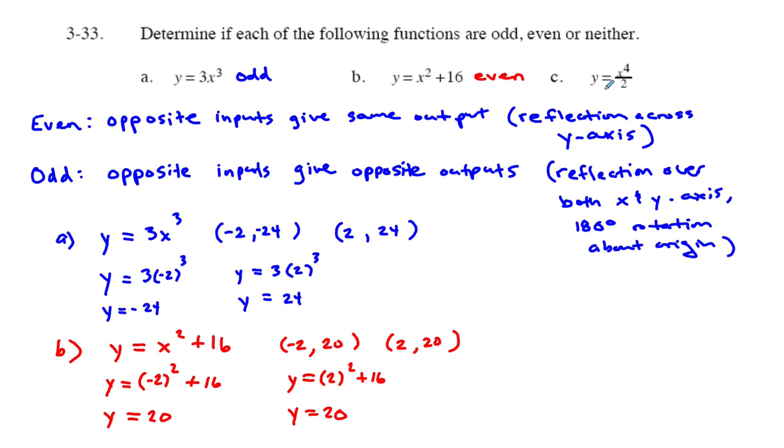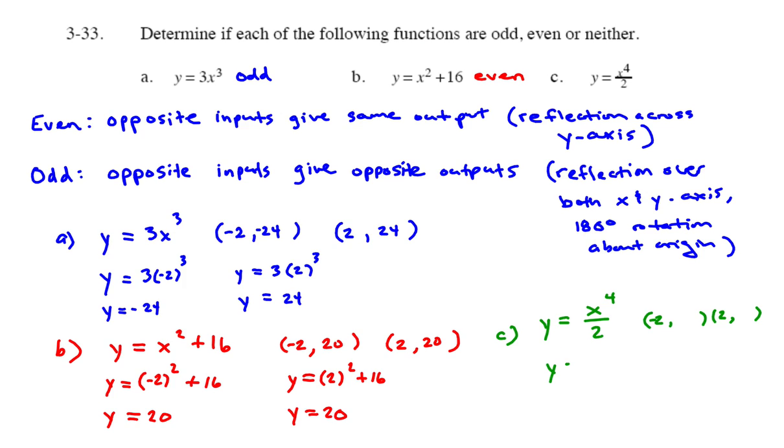And then letter C, we have y equals x to the fourth over 2. Let's do this one in green. So y equals x to the fourth over 2. Let's just use the same ones again, -2 and +2.